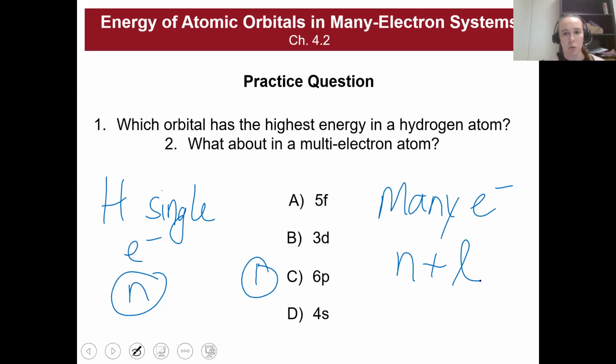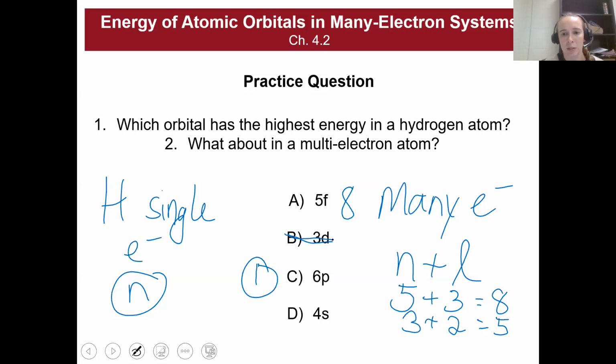Let's just do them all. When N is 5 and L corresponds to F, so F is 3, we get 8. So we get 8 for 5F. What about 3D? We've got 3 for N, and D corresponds to L equals 2. So we've got 5 for that one. So that one's out. That one's not the highest energy. What about 6P?